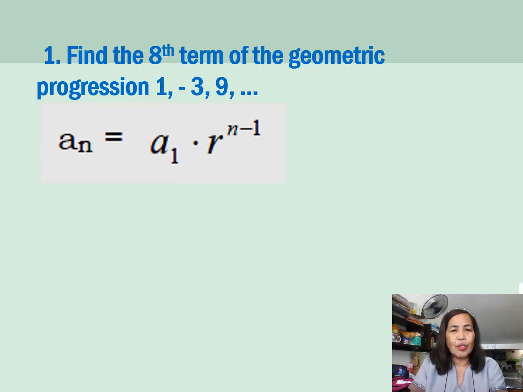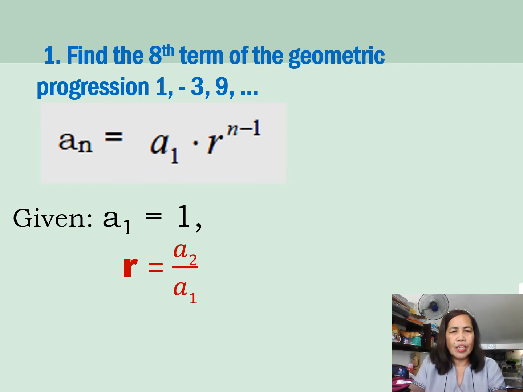Find the 8th term of the geometric progression 1, negative 3, and 9. So let us identify the given. Here we have the first term as 1. And then the ratio is obtained by getting 2 terms.